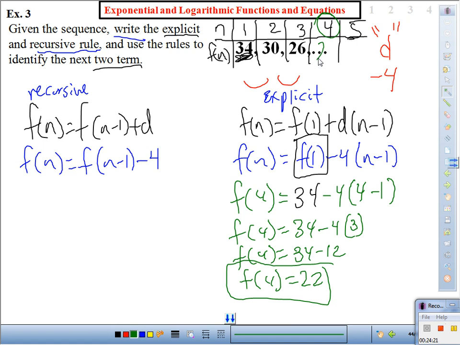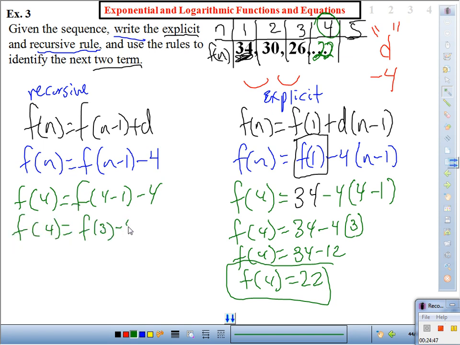That goes right there. Am I done? No, I need to find the fifth term. But before I do, I need to find out if I got the correct one now using the recursive. Let's go. F of 4 equals f of 4 minus 1 minus 4. F of 4 equals f of 3 minus 4.